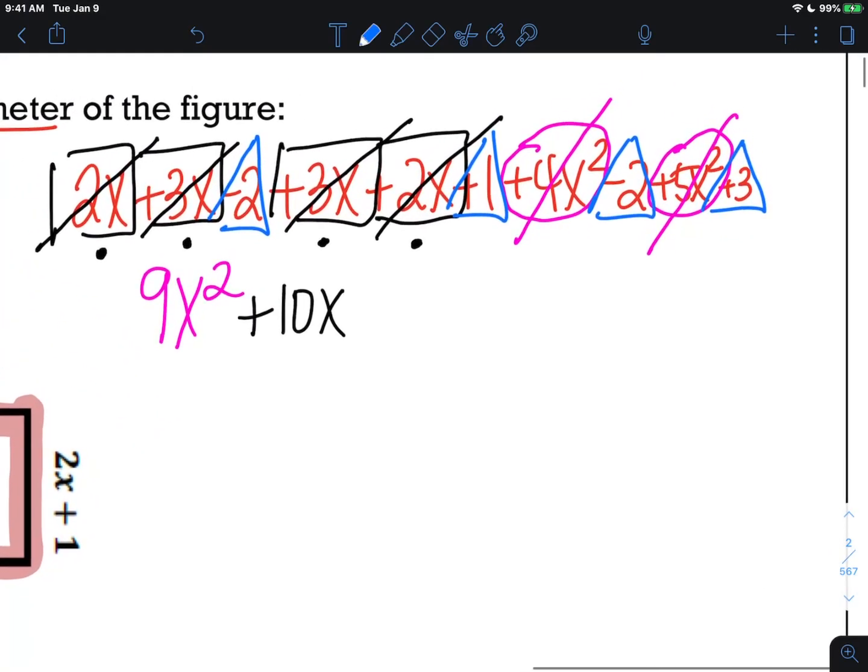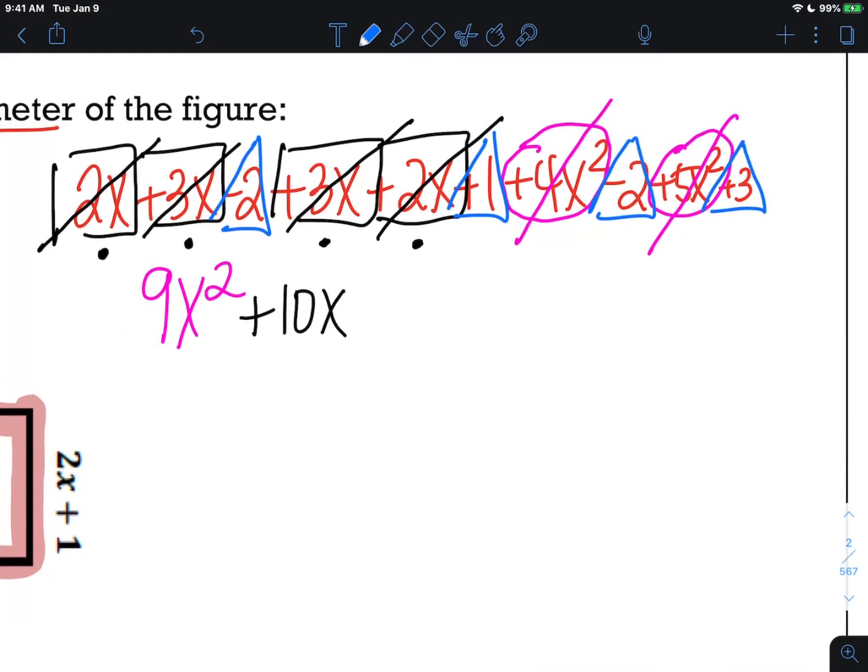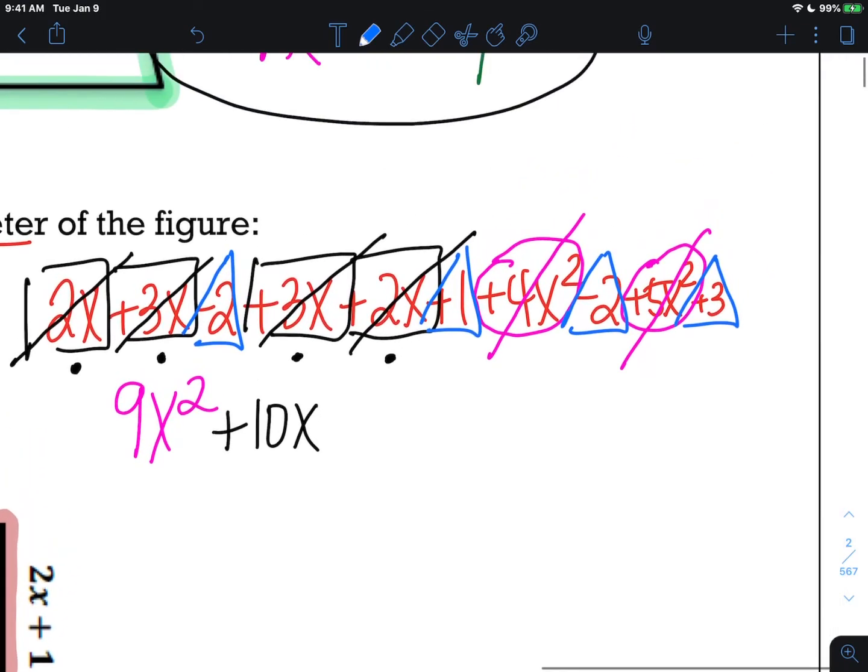All right, so let's go ahead and put those together. -2 plus 1, -2 plus 3. Okay, so -2 plus 1, that's -1, minus another 2, -3 plus 3, that's 0. Zeros always make me suspicious.